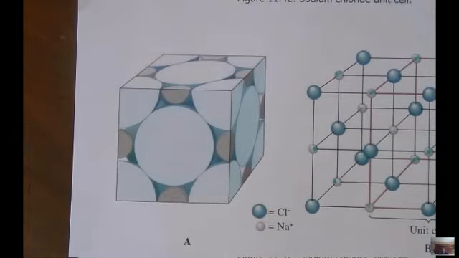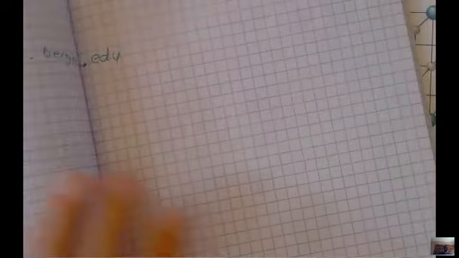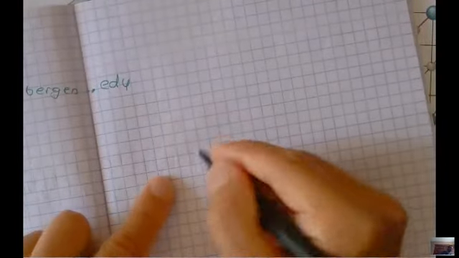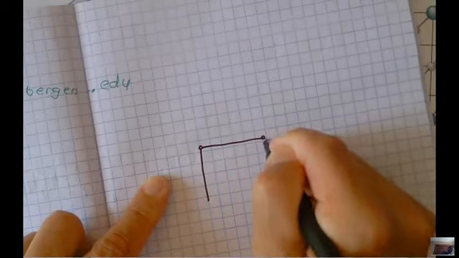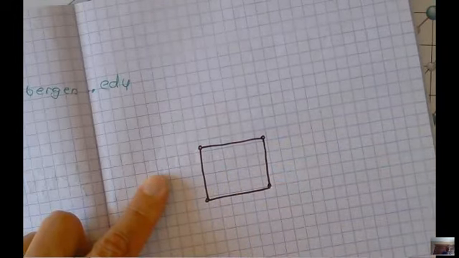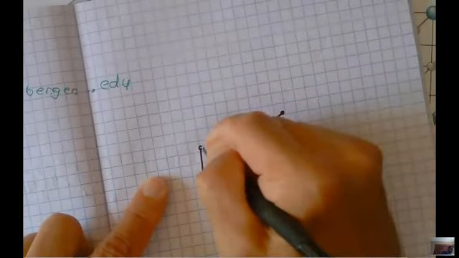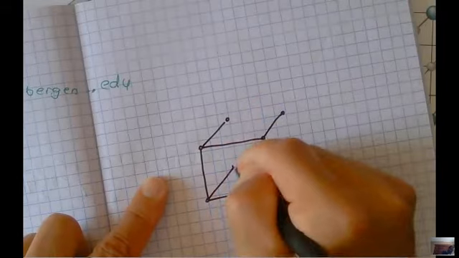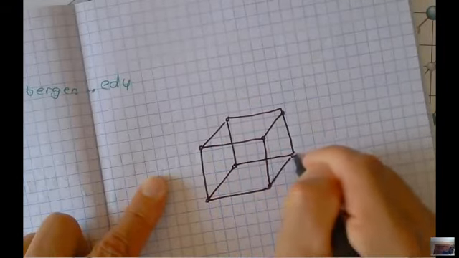Right? You're going to be responsible for always cubic systems. So there's the front face of a cube, and there's the 4 lines that take it to the back, and then there's the 4 along there.